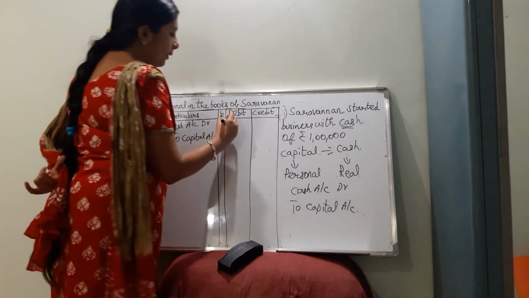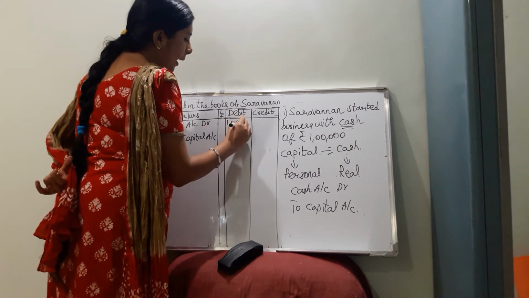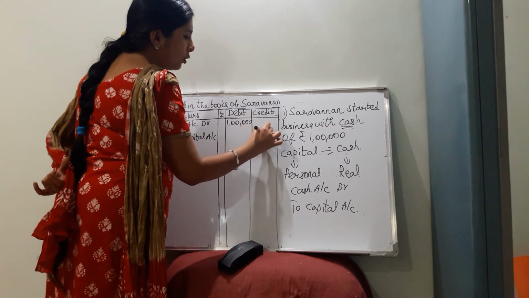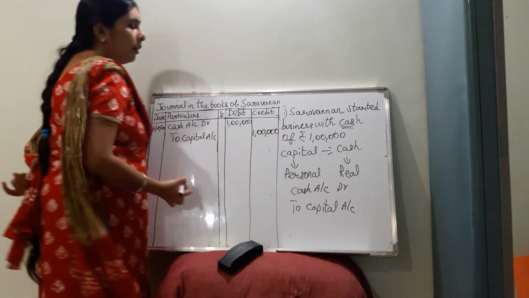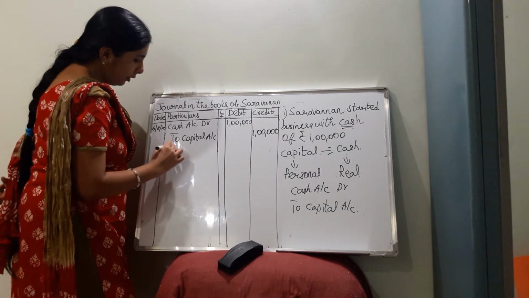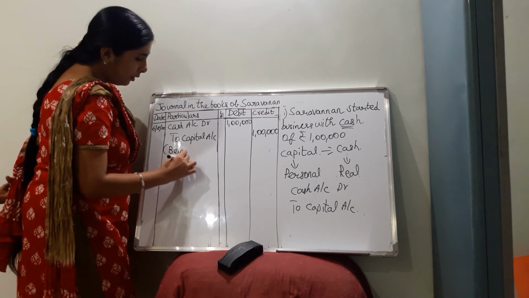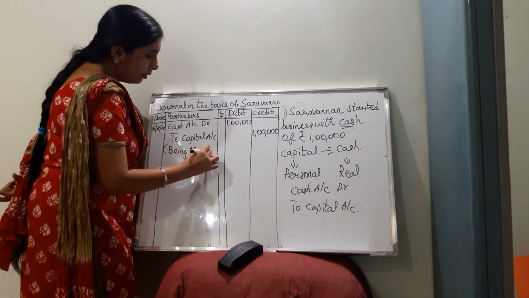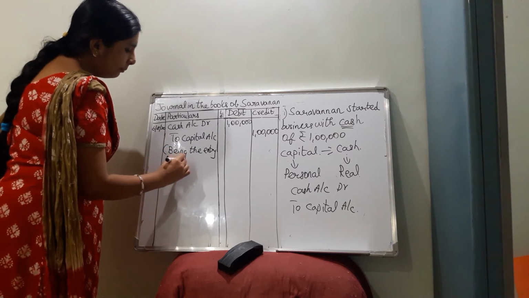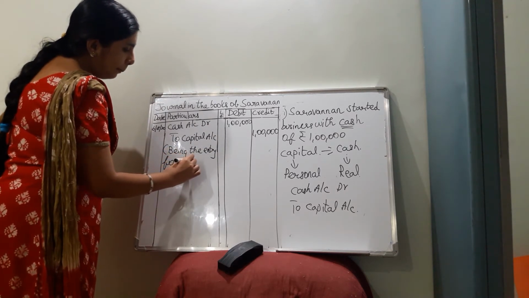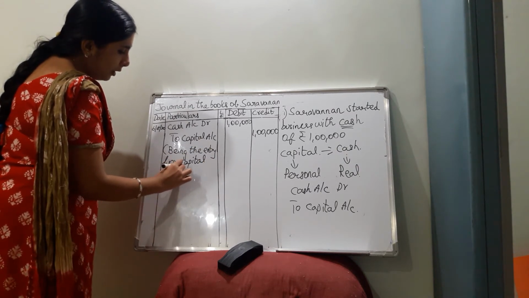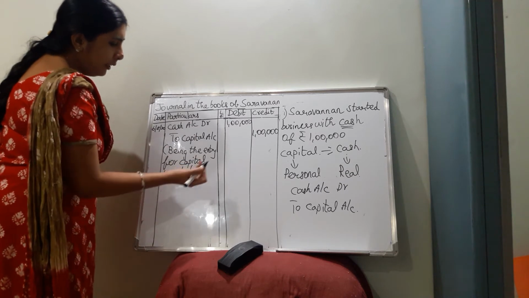Okay, so I can enter the amount here, 1 lakh. Against this I have to mention it as 1 lakh. Okay, after this I told you we have to write the narration, being the entry for capital invested into the business.